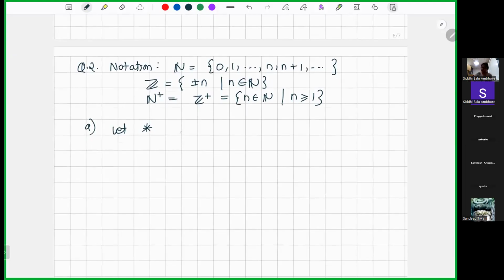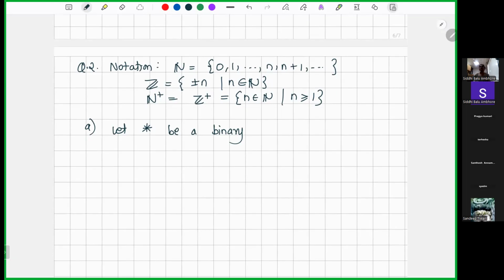Let star be a binary operation. So when we say something is a binary operation, the closure is already there, so we don't have to check for the closure property. When someone says let star be an operation, we define this operation star on some set like this.